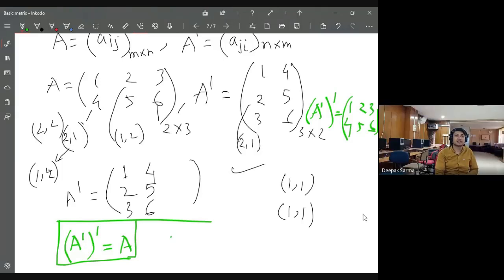Now suppose I have two matrices A plus B, and I am adding them, of the same order. Then if I take the transpose, you can distribute it over them. If you observe the matrices closely, you can see the result is the same whether you take the transpose first and then add, or add them and then take the transpose. Only matrices of the same order can be added or subtracted, but taking the transpose after adding, or taking the transpose first and then adding, gives the same result.